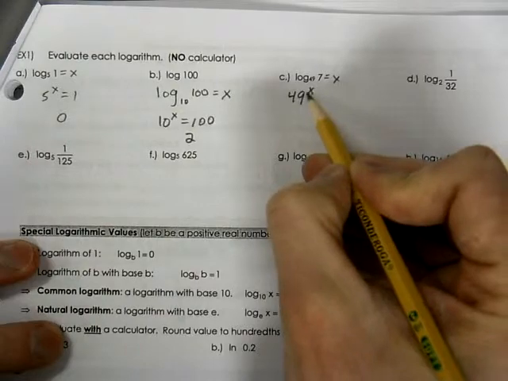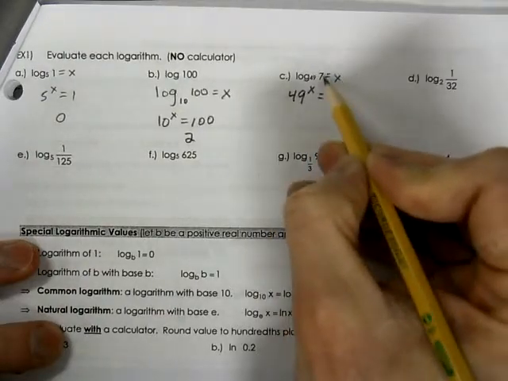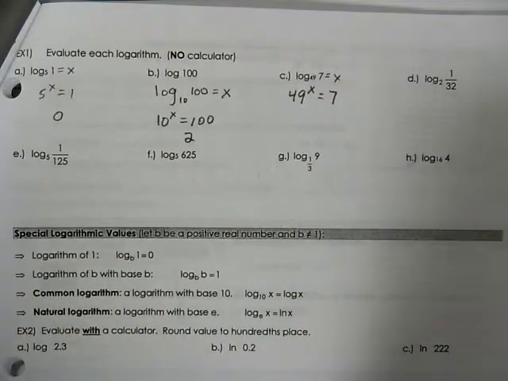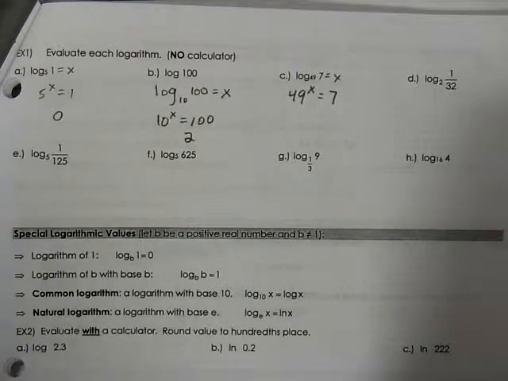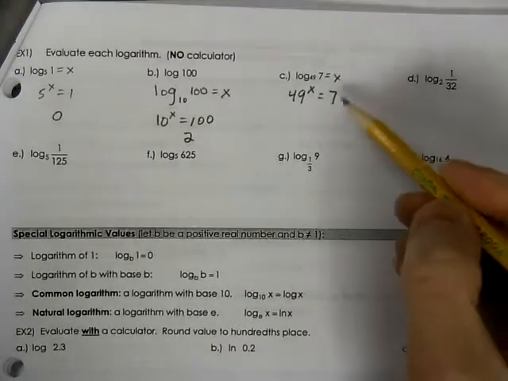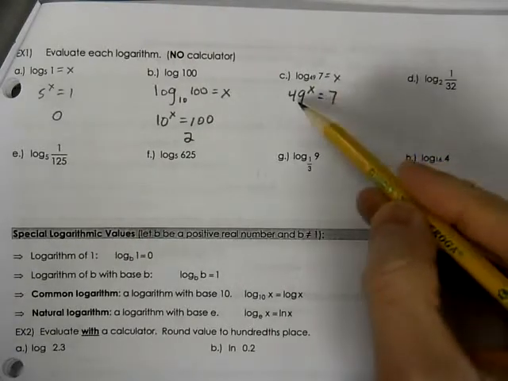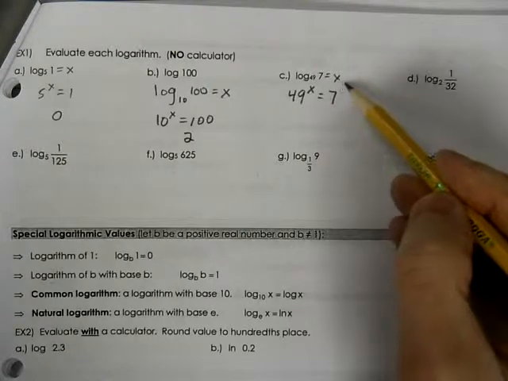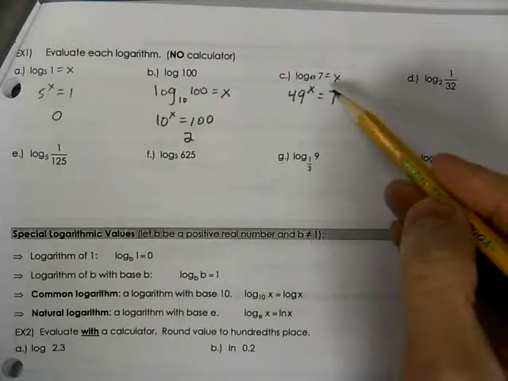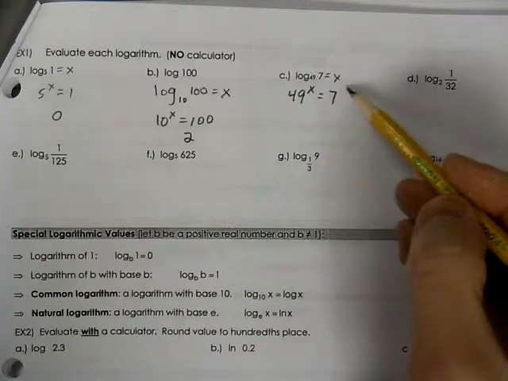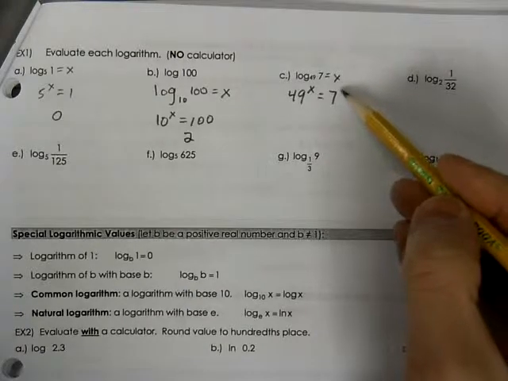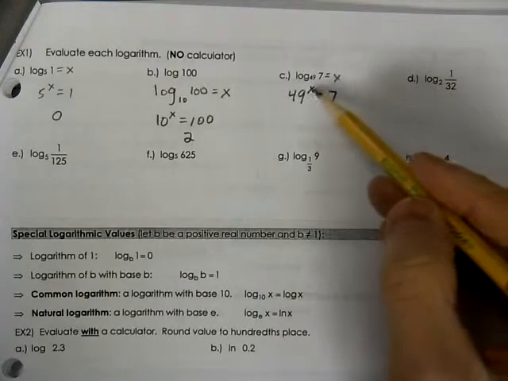49 to what power equals 7? Well, there's a couple different ways for us to think about this. I know that if I square 7, I get 49. But I don't want to make the 7 bigger. Squaring, so a way to get rid of the square is to do 1/2.